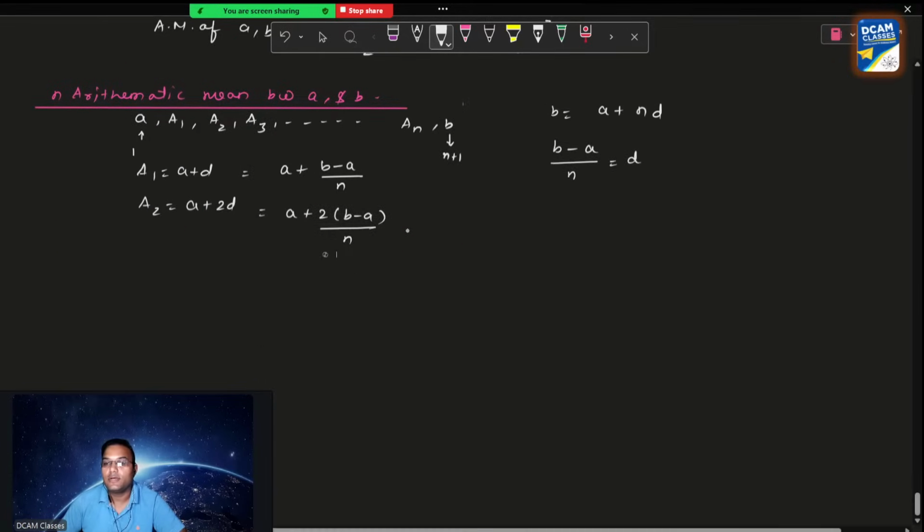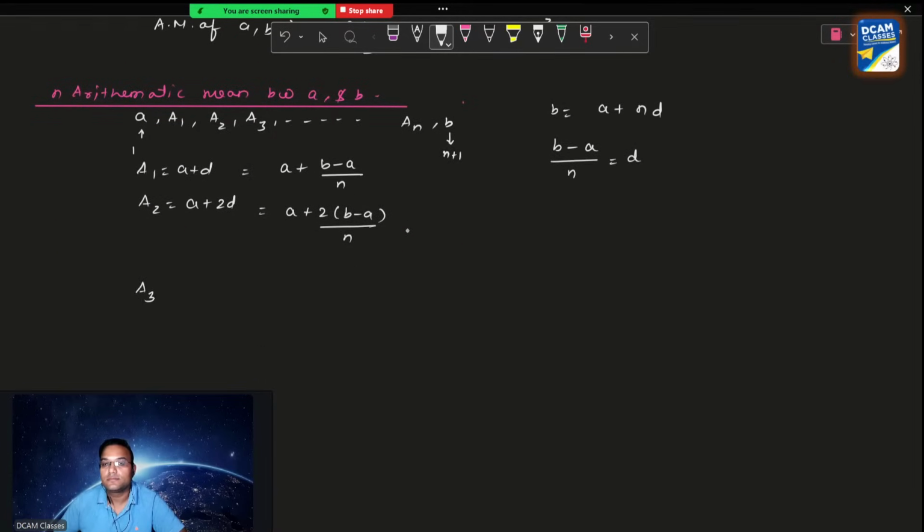And a3 you can find as a plus 3d, which is a plus 3 into b minus a by n, and so on and so on. An is equal to a plus n minus 1 into d, which is a plus n minus 1 into b minus a by n.